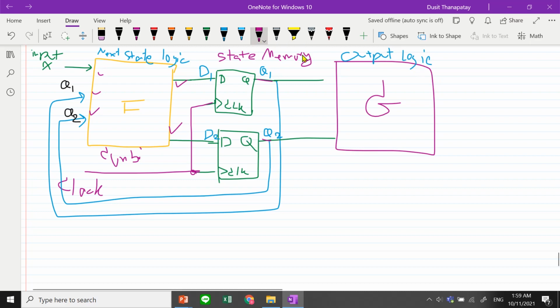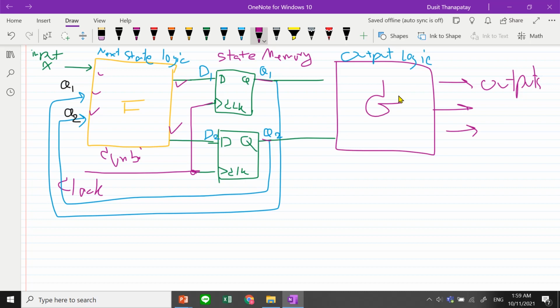In this case, I name it circuit G. This is the output of the circuit. This is the basic structure composed of state memory, next state logic F, and output logic G.